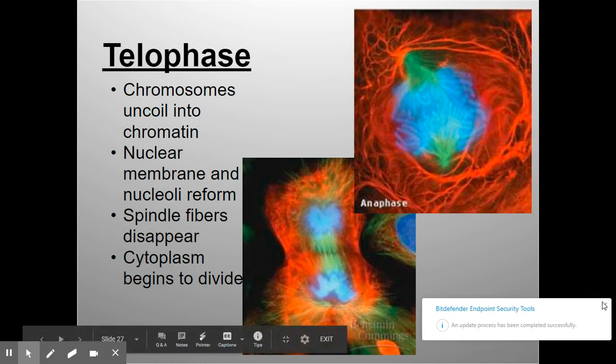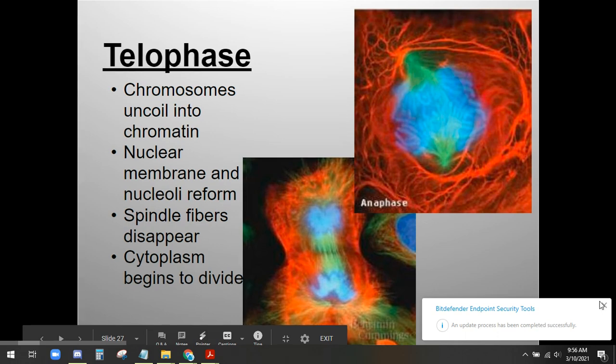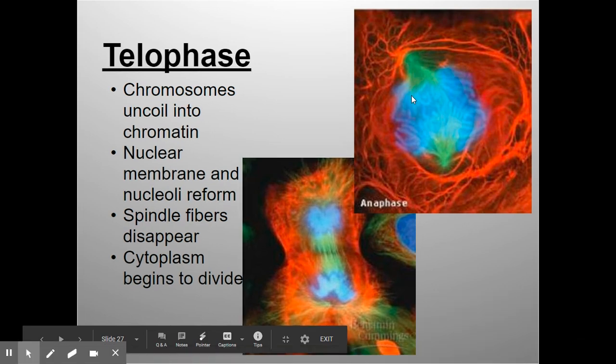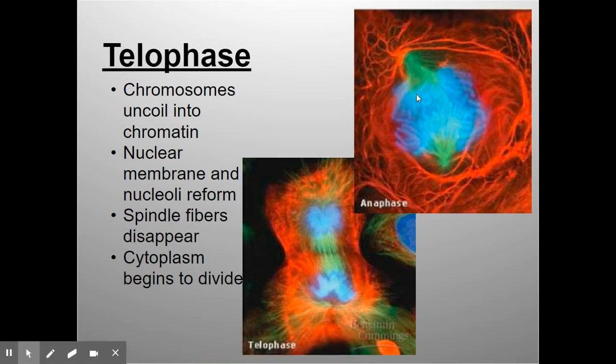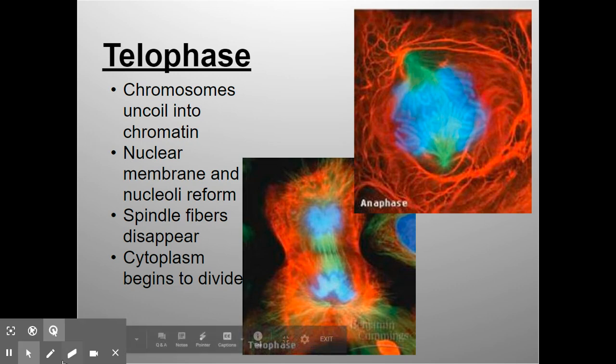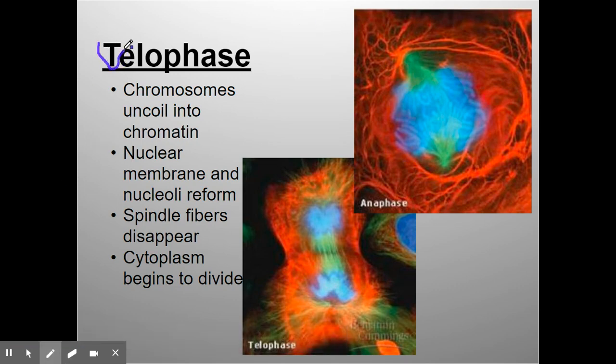So in anaphase, we had our chromosomes being pulled apart, going to its new location on each side of the cell, and telophase is where we're starting to pull, like fully tear apart. So telophase, the T stands for tear.